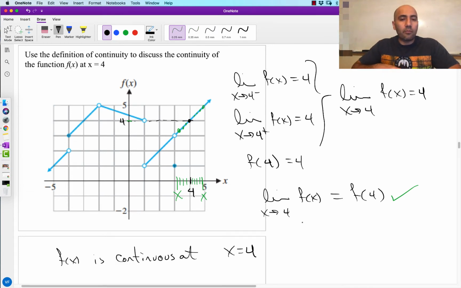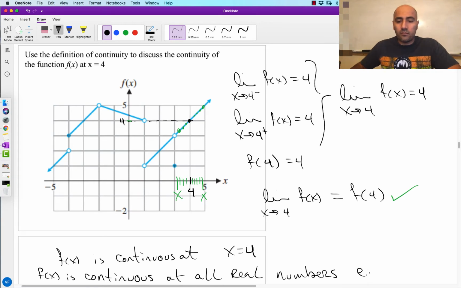Okay, so we can say the more powerful statement of identifying all the places where this function is continuous, and it's continuous at 4, but it's also going to be continuous everywhere else except for a few places we've identified where there's a problem, right? So we can say that f of x is going to be continuous except, and we saw that there was a problem here at -4.